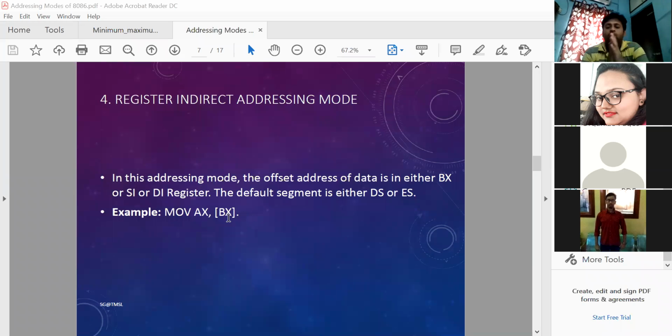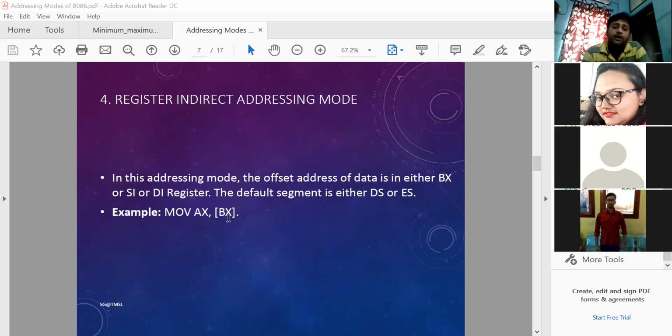So if memory location 6000 has 10 and 6001 has 11, then what will be the content of AX? 1110. So the upper 11 is in the AH register, and the lower 10 will be loaded inside the AL register. Clear? So the combination of these two registers creates a 16-bit register which loads 16-bit content.